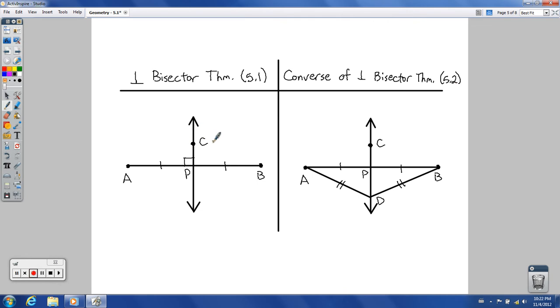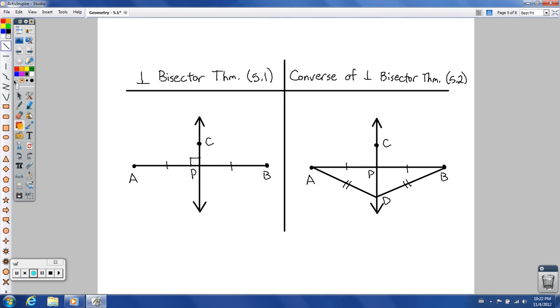The perpendicular bisector theorem says this: it is now time to get out your different color. So I'm going to use orange for that. If you want full credit on the notes here, you must use a different color at this point. Okay.